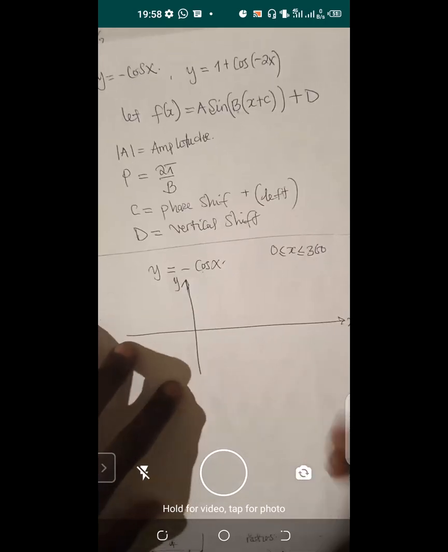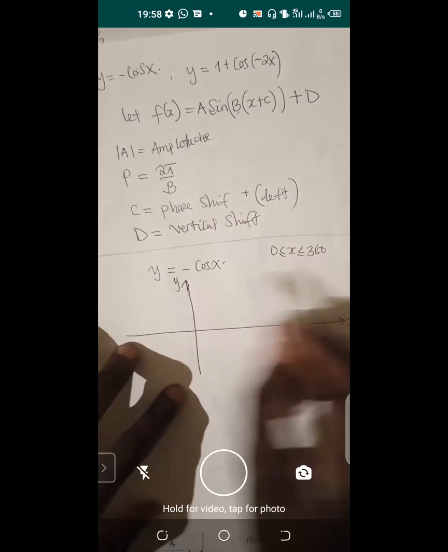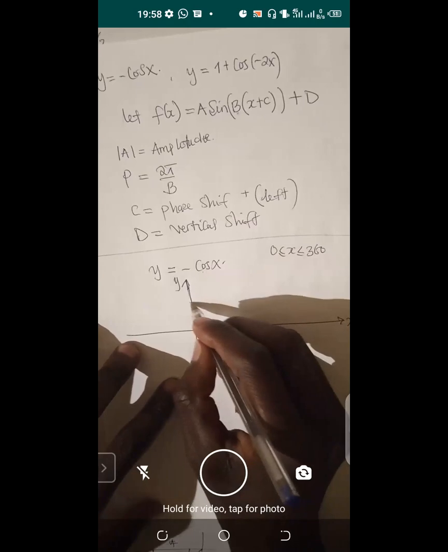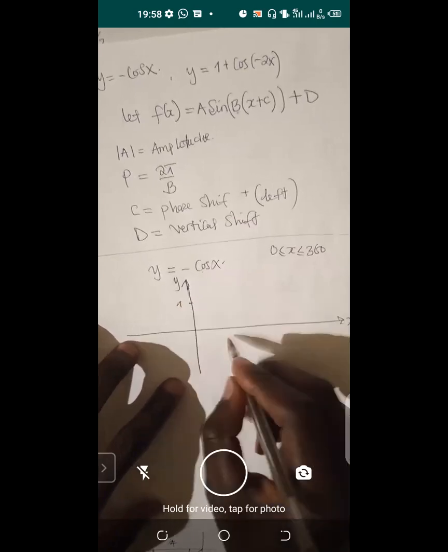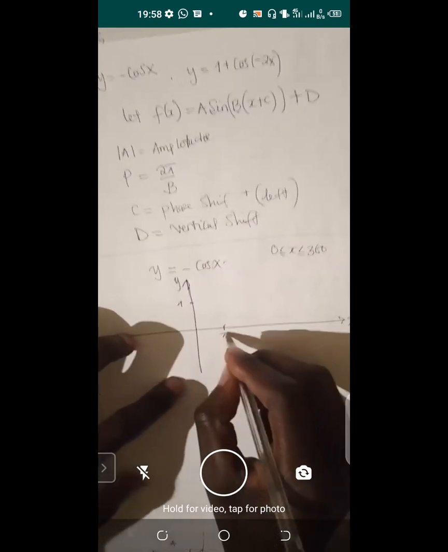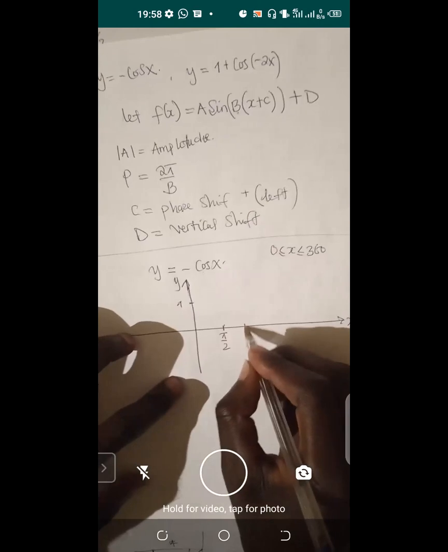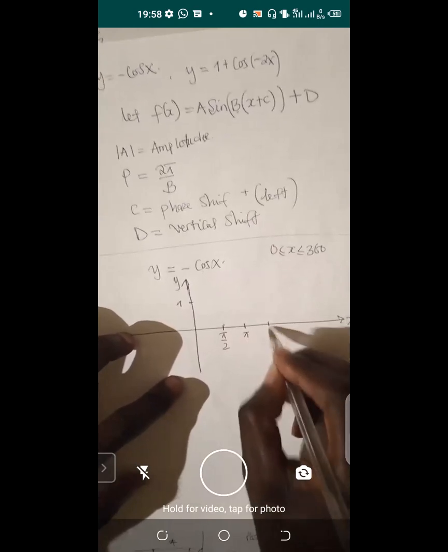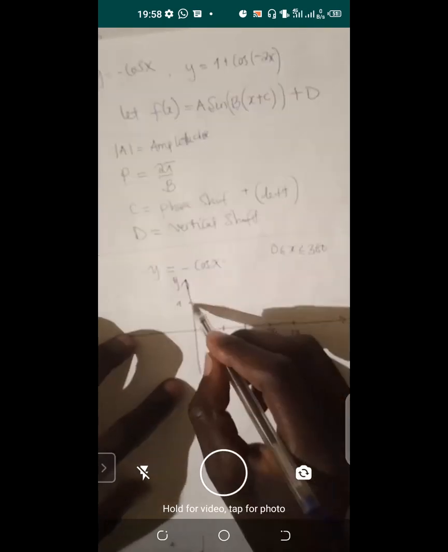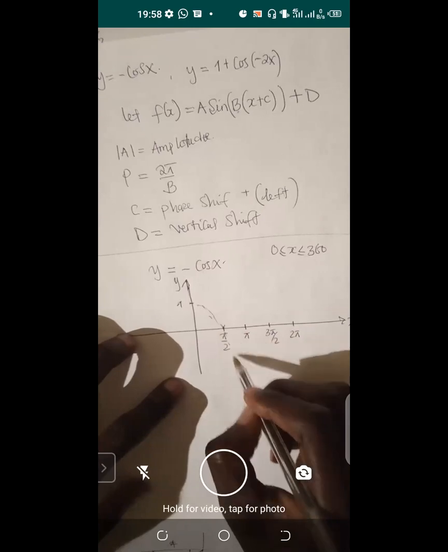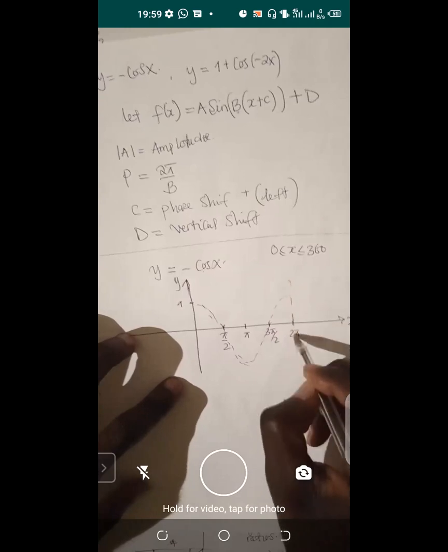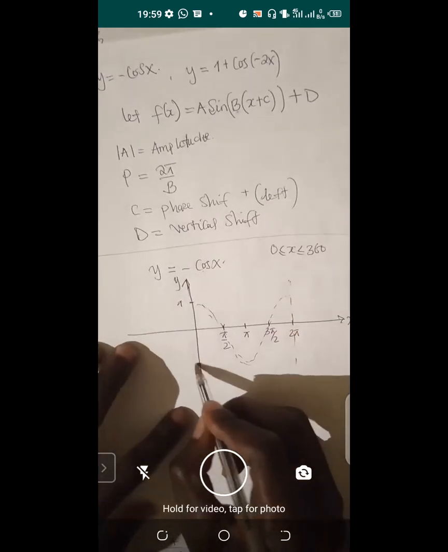So the graph of this one starts from here. When it's 0, it starts from 1, and it goes through pi by 2, then pi, you have 3 pi by 2, all the way up to 2 pi. So it starts from here, it goes like that. Then again, it goes there up to 2 pi. That's -1.